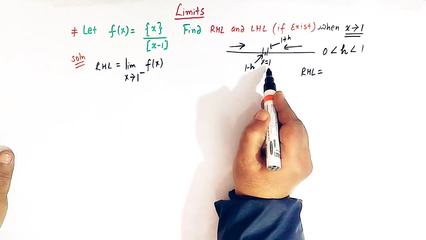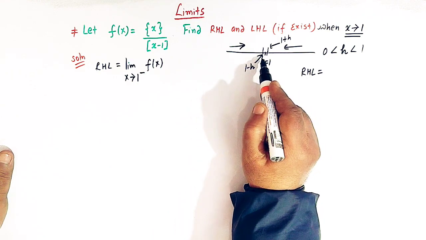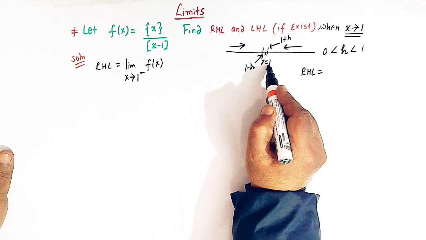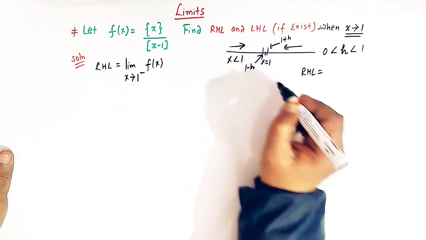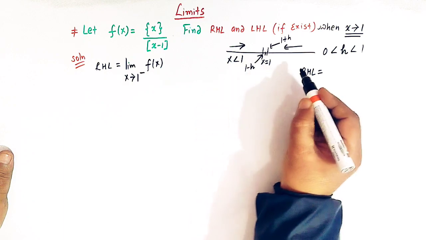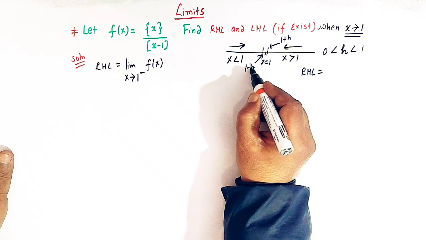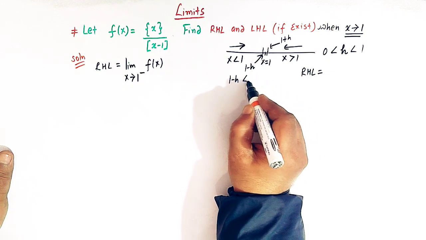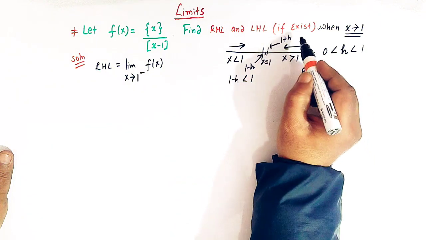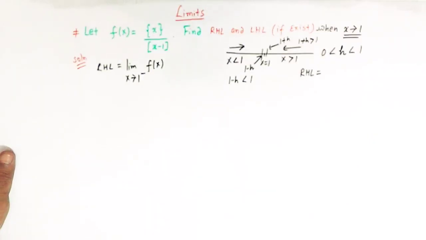All the values towards the left of x is equal to 1 are less than 1, and on the right, x is greater than 1. So obviously 1 minus h is less than 1, and 1 plus h is greater than 1.